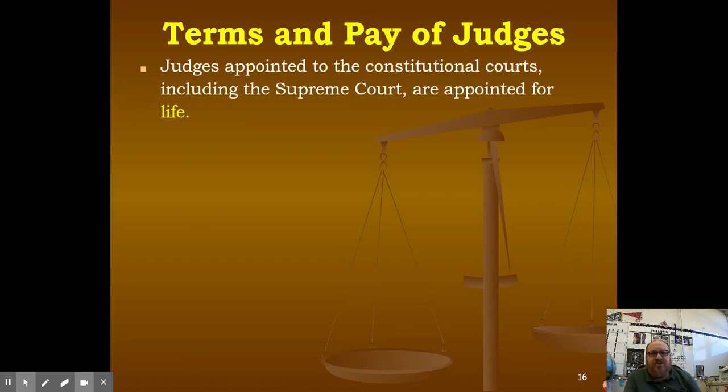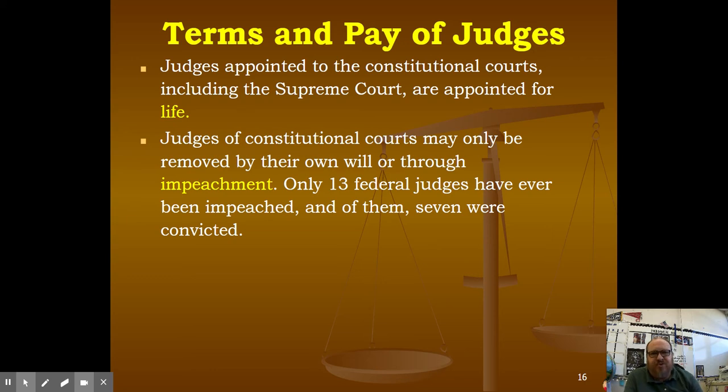Judges are appointed to the constitutional courts, including the Supreme Court. They're appointed for life. That means until they die or are otherwise removed. They can be removed through impeachment. Okay? So 13 federal judges have been impeached, and of them, 7 of those 13 were convicted and therefore removed from office.